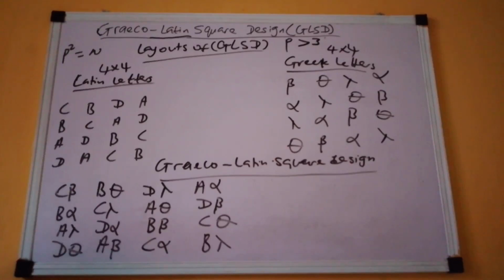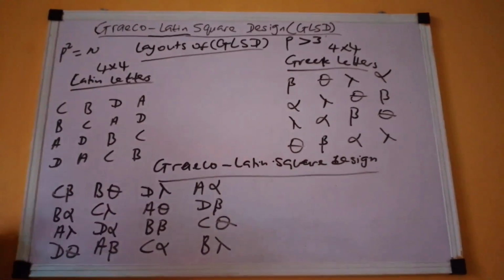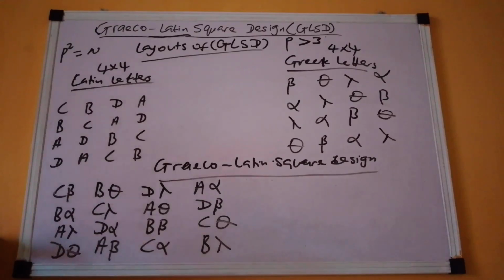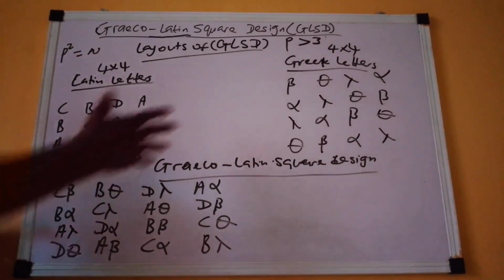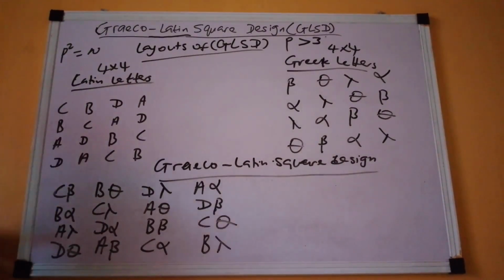All you need to do is ensure that each combination appears once and only once in each row, and once and only once in each column. That is what you should have at the back of your mind. So this is a perfect match for the Greco-Latin square design. P must be greater than 3. So you have 4 by 4 square, 5 by 5 square, 7 by 7 square, and so on and so forth.